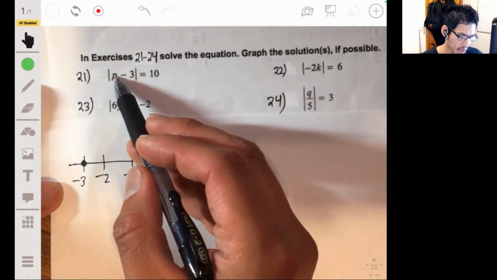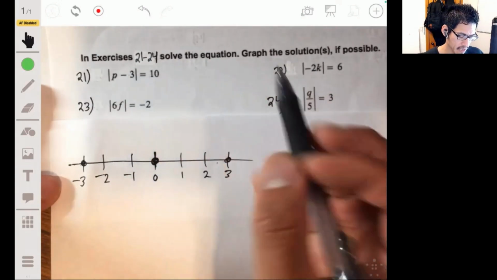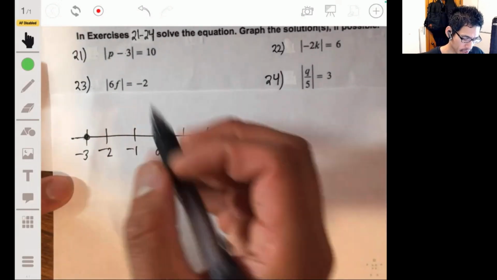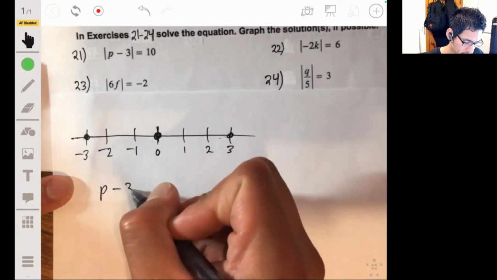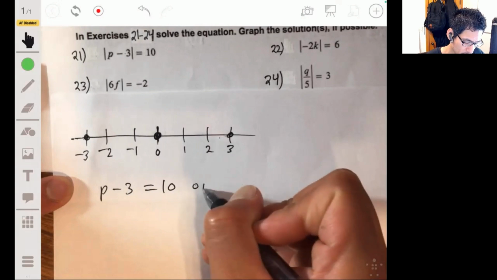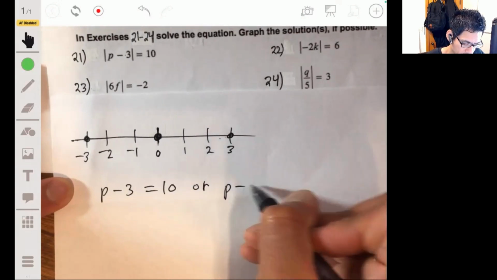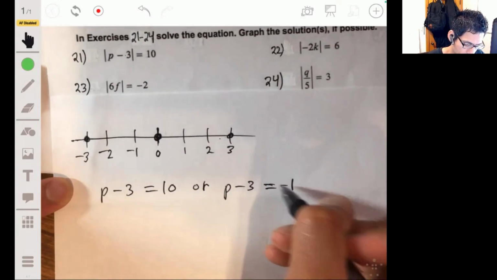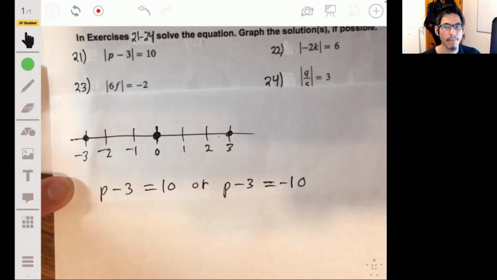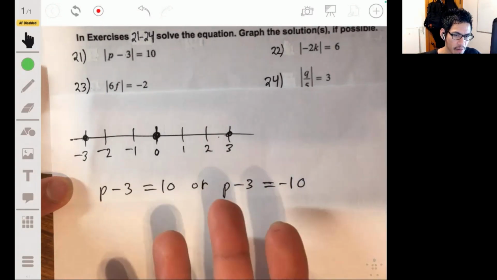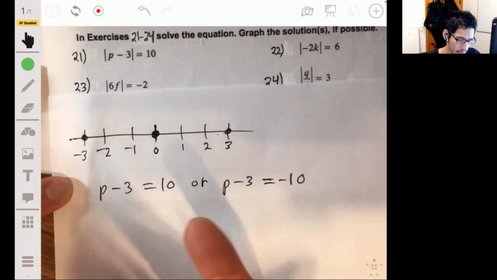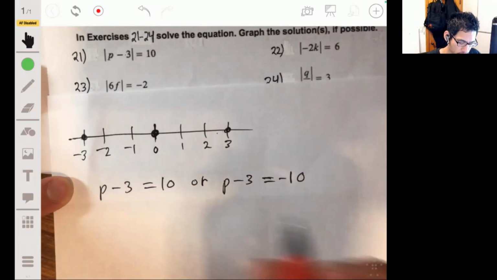Okay, so the absolute value of p minus 3 equals 10. So we set up two equations, p minus 3 equals 10, or p minus 3 equals negative 10. And then just solve for p in each one of these.